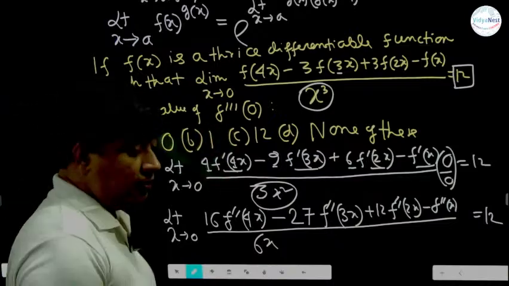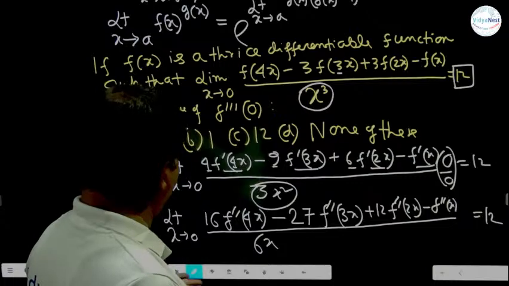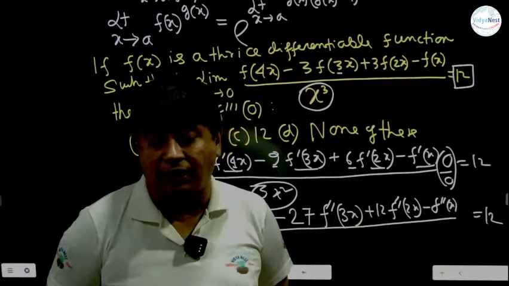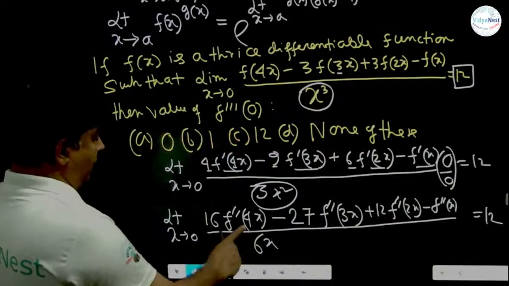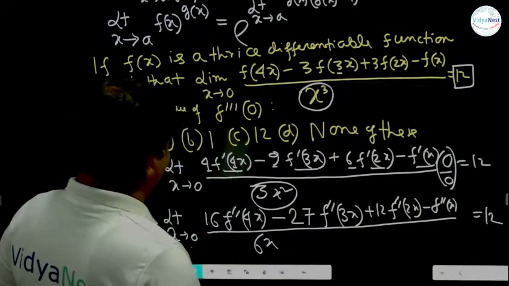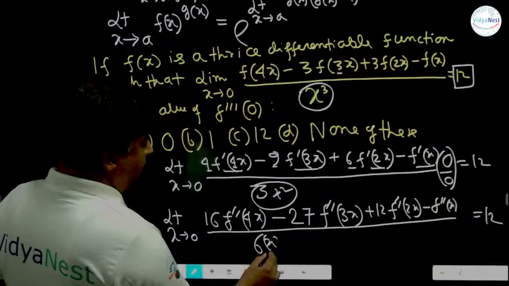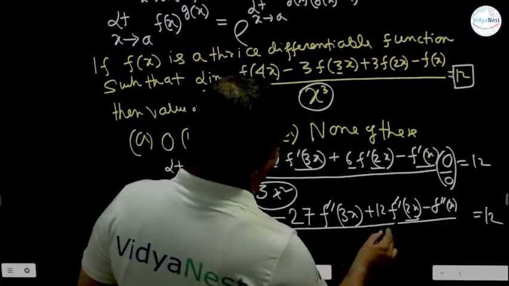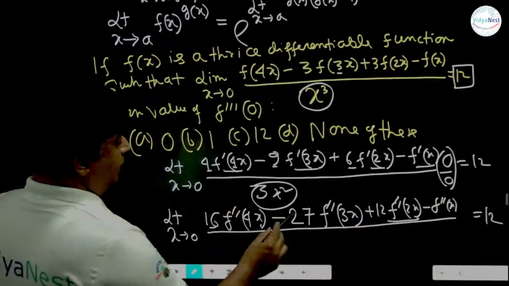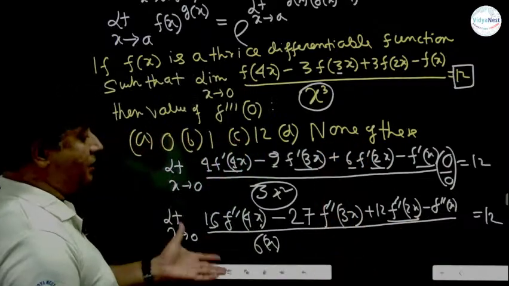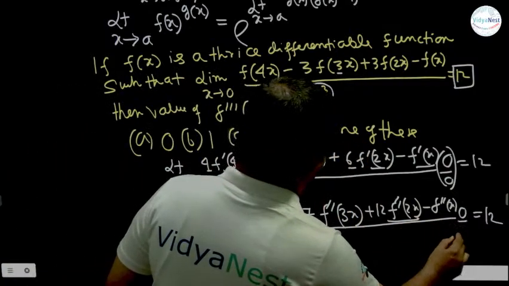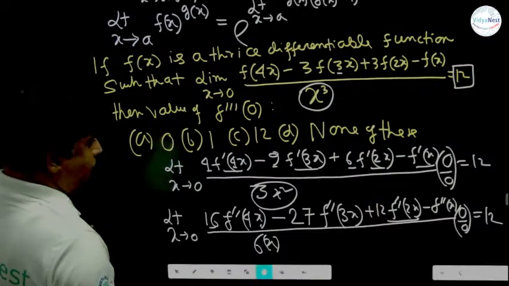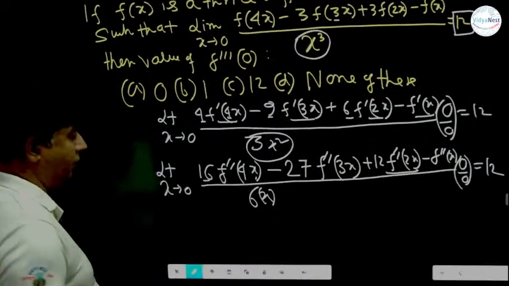One mistake, I differentiated, but wrote f dash; it remains f double dash. Now you can examine by putting x equal to 0 whether that 0 by 0 form is coming or not. I am putting 0. In the denominator I will get 0. Here 16 f double dash 0 plus 12 f double dash 0 minus 27 minus 1, that is 0 in the numerator too. Again 0 by 0 is peeping. So one more step is to be continued by differentiation of numerator and denominator.